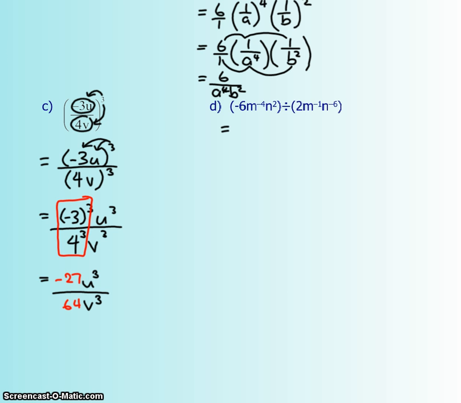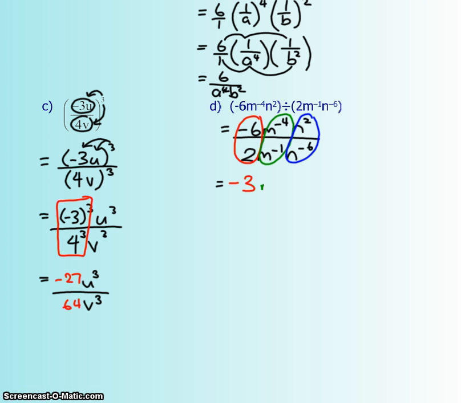Lastly, a division. So if you want to, you could always write it like this, and 2 divided by 2m negative 1 and negative 6. And again, if you want to color coordinate it, you can, where you have these guys affecting each other, these guys affecting each other, and then these guys affecting each other. All right, so you have negative 6 divided by 2, and that's going to give me negative 3.